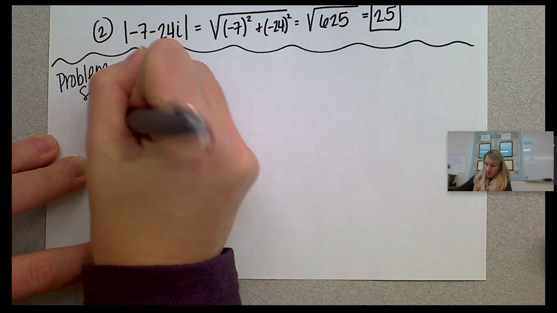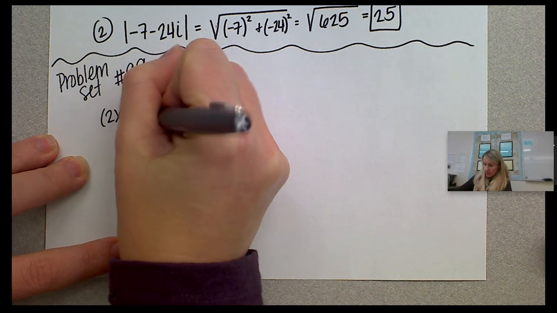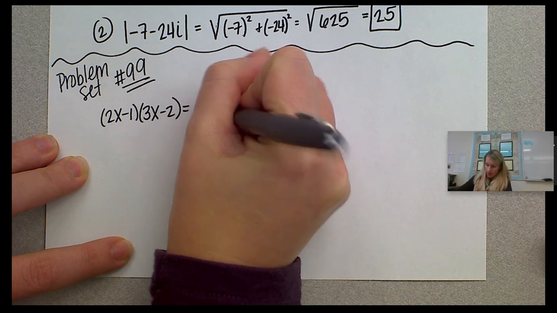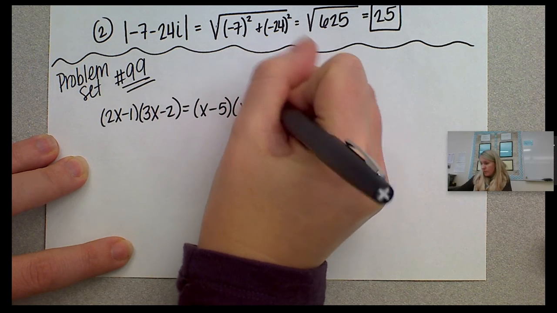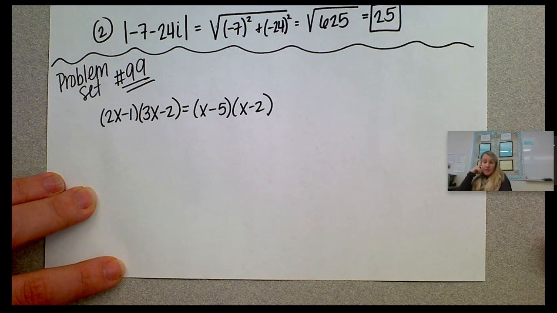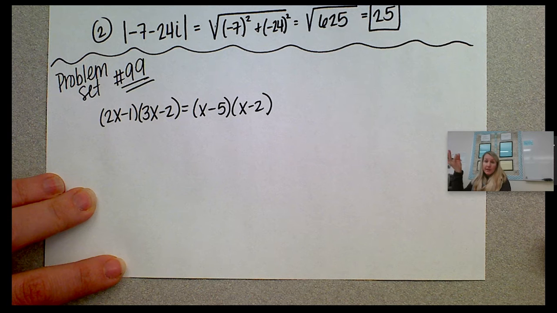We have (2x - 1)(3x - 2) = (x - 5)(x - 2), and we want to solve this equation. We've been solving using square roots. So we notice right now, this is not the form that we need. So we have to do a little simplifying before anything else, just to get it to how we need it.